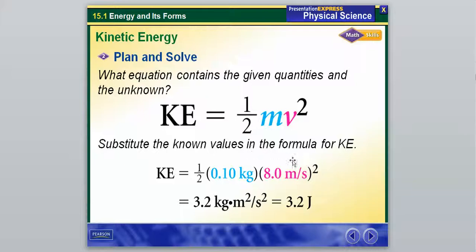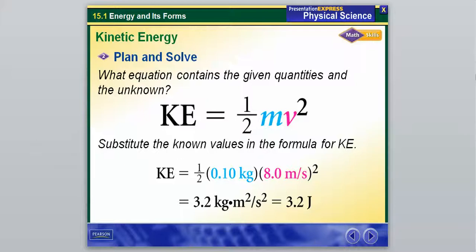So we take 64 times 0.10 times 1/2. That gives us 3.2, and the unit, kilograms times meters squared per second squared, is just a joule. So kinetic energy is measured in joules.